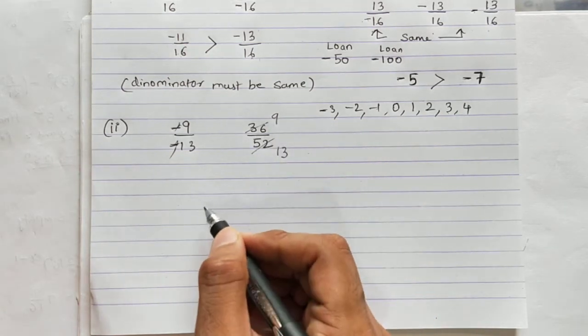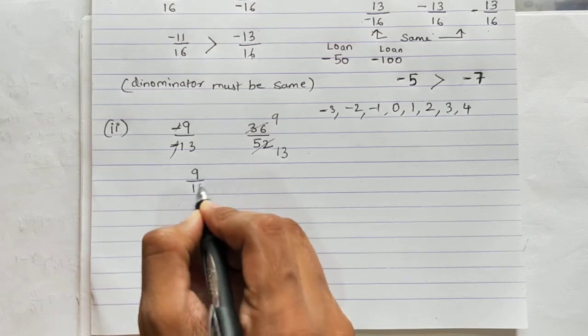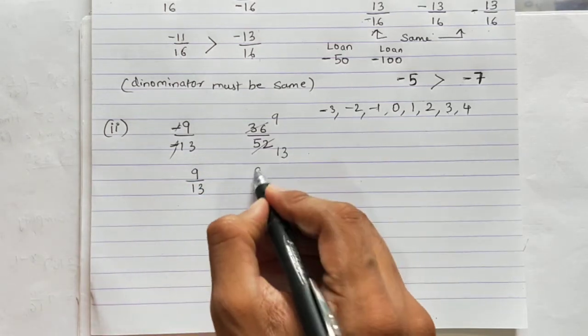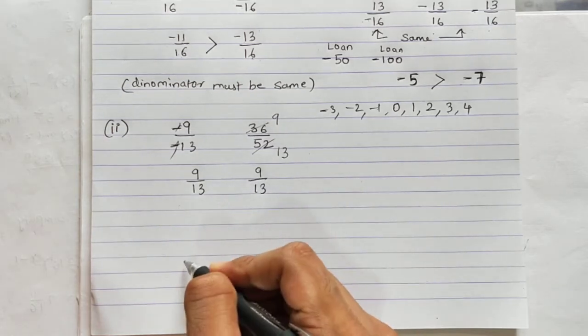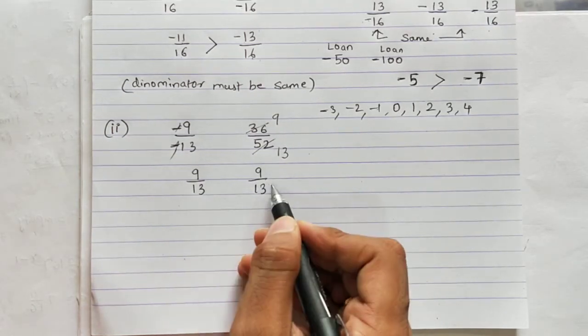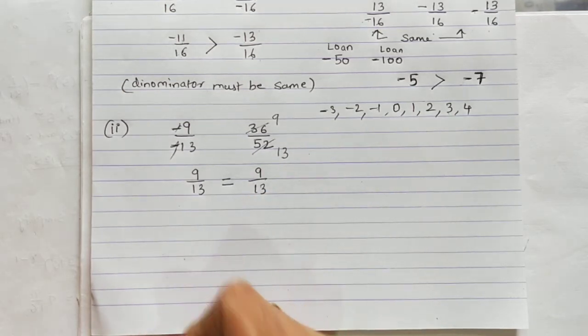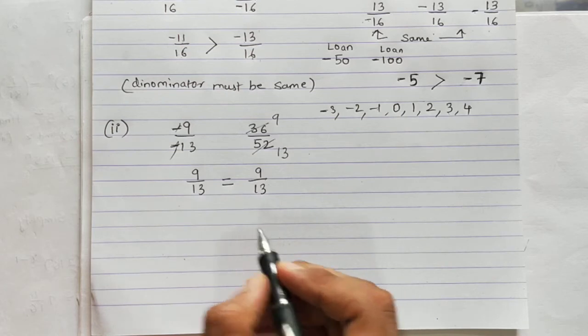So this part is 9 upon 13, the minus sign got cancelled, and this is again 9 upon 13. So both are same. See, both are exactly same, so the sign will be equal to sign.